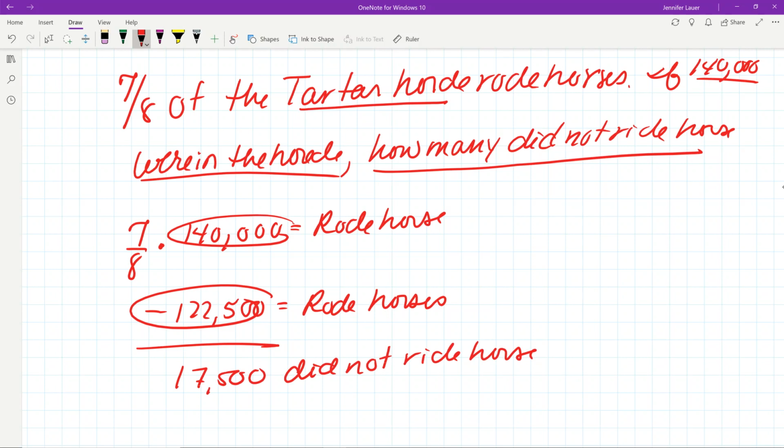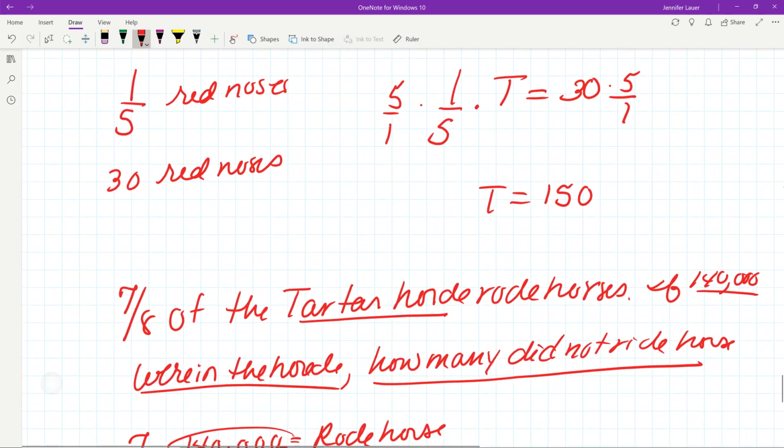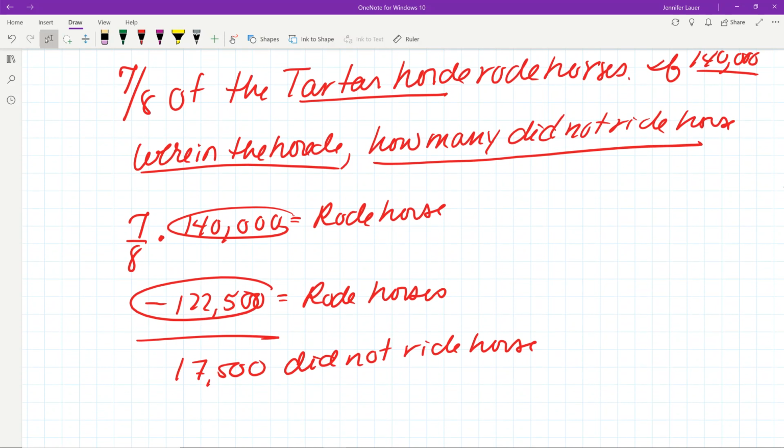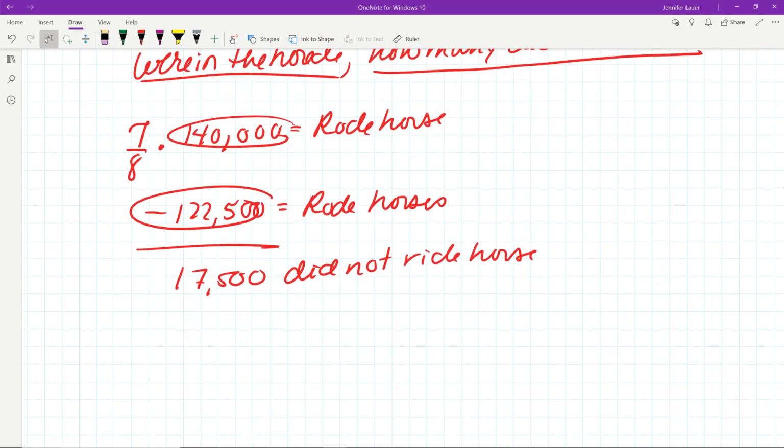Okay, so we've done now one where the information matched, a very easy setup. One where we were given the total, so we can just work it straight through. And I'm going to give you one where the information does not match. So I want you to try this one.